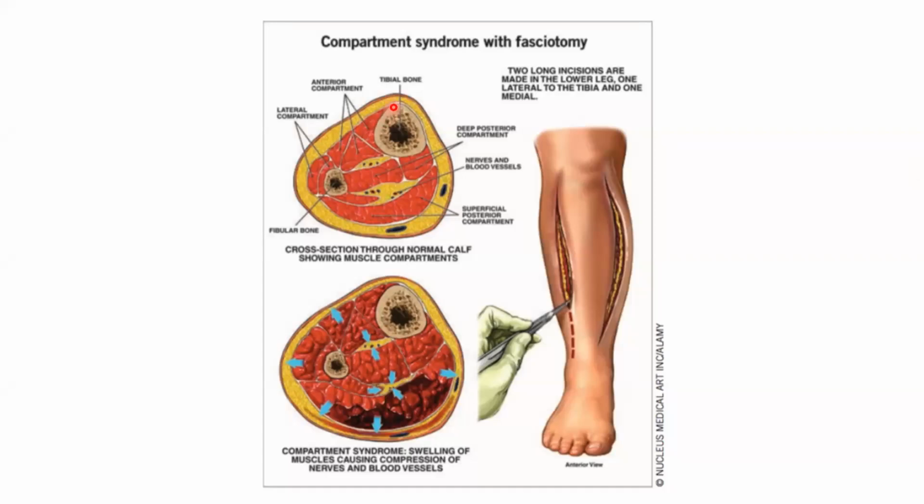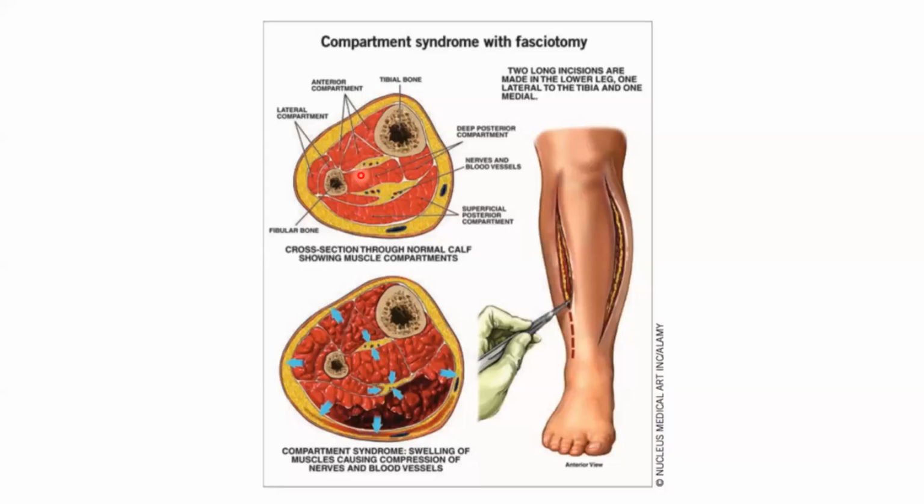These compartments are closed off, right? They are tightly closed spaces. Therefore, when there is soft tissue injury due to blunt trauma, like if you get hit by a pole or something, or if there's a fracture of the bone, these muscles will get damaged, and it will result in swelling of these muscles and the surrounding soft tissue.